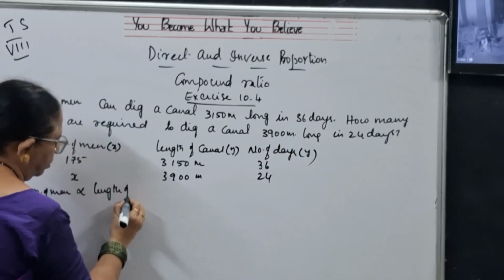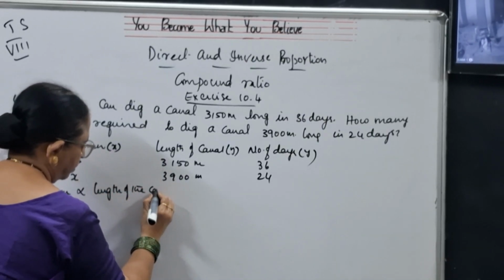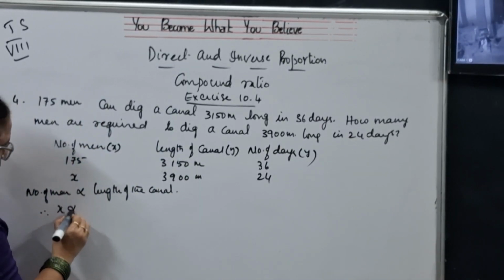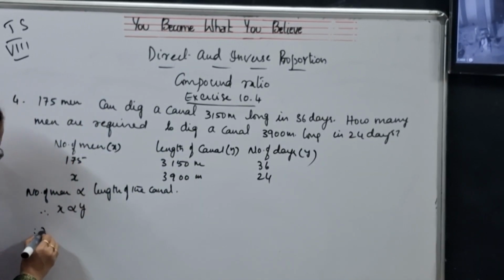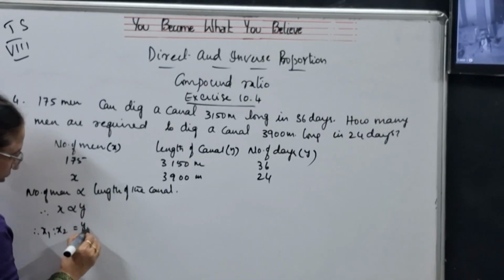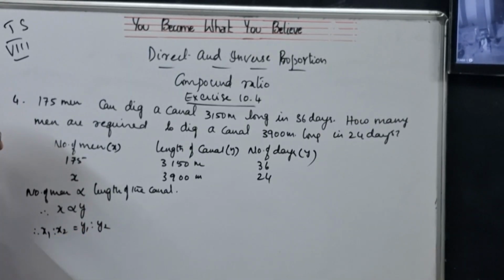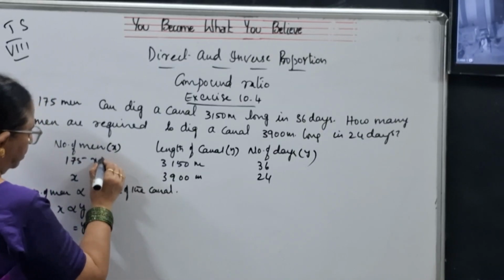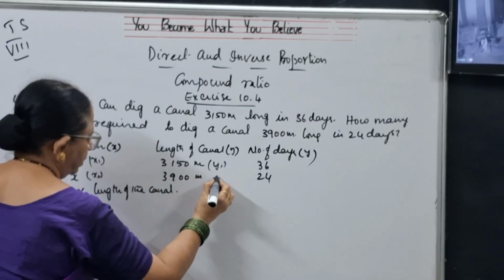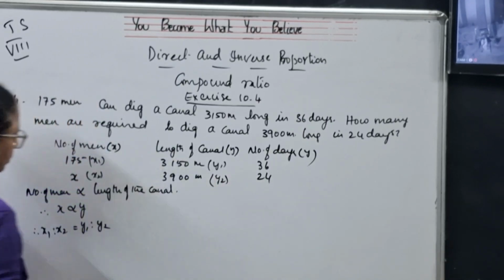That means x is directly proportional to y. Therefore, x1 is to x2 is equal to y1 is to y2.